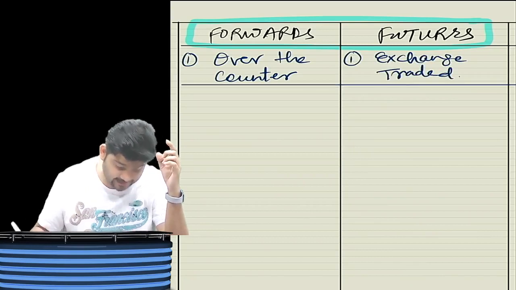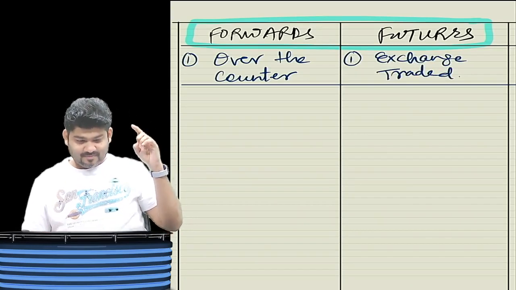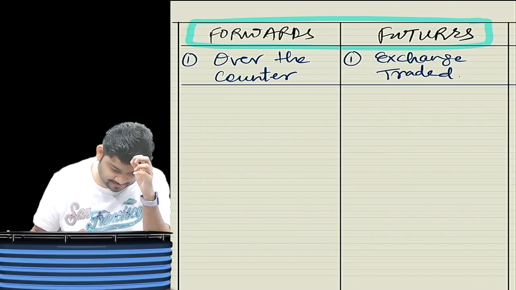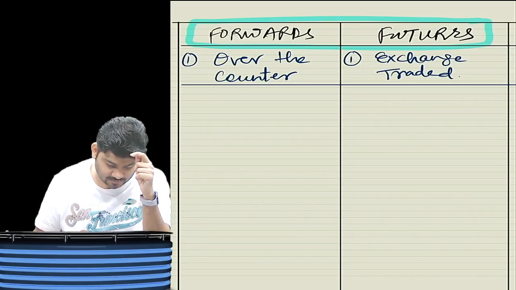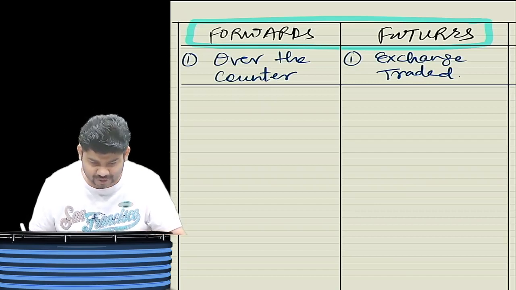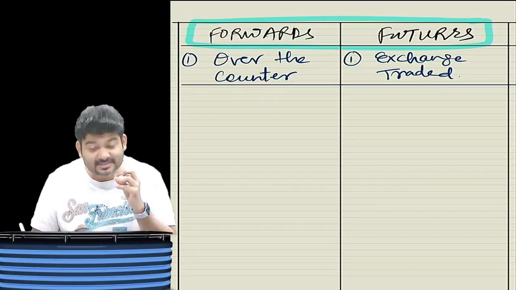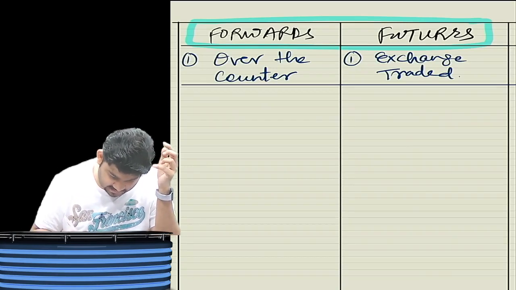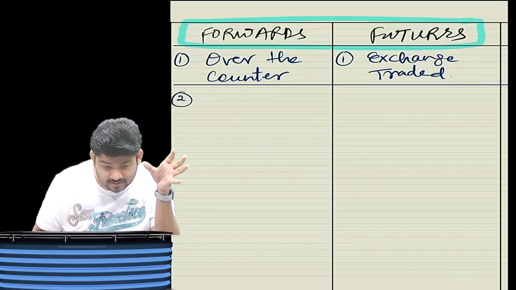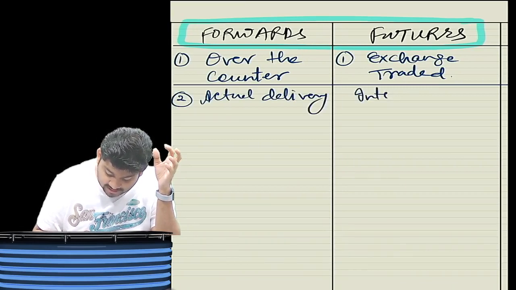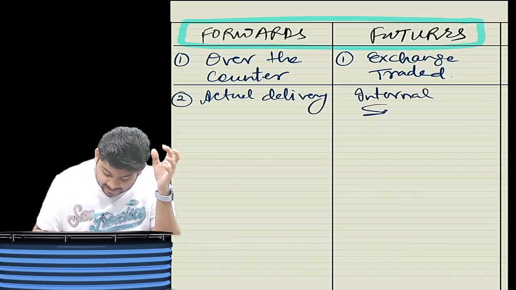Okay. Then, very nice. Correct. Very nice, Mega Lakshmi. The underlying asset is delivered in forwards, and futures is net settled. So, second, actual delivery versus net settlement.